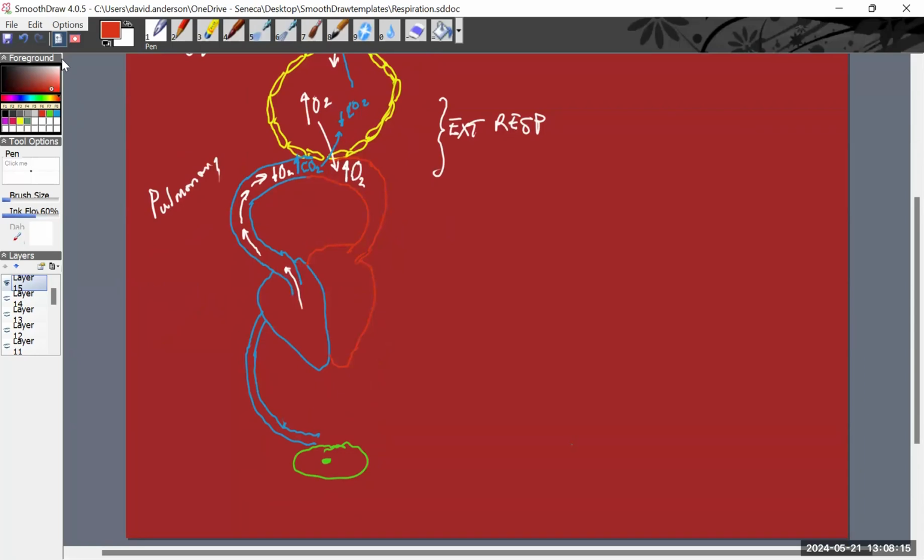Yes. Okay. So now we're going to bring the nice fresh blood back to the left side of the heart. And from the left pump, we're going to leave and deliver to all the cells and tissues in the body.